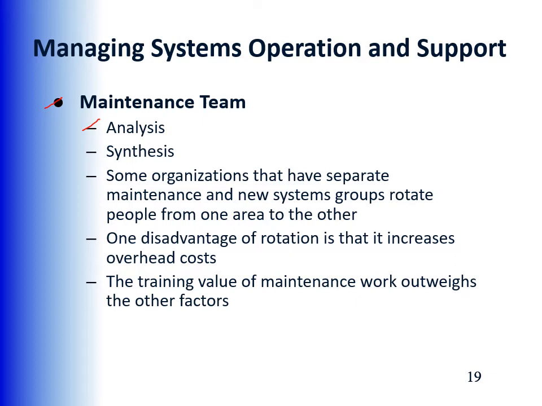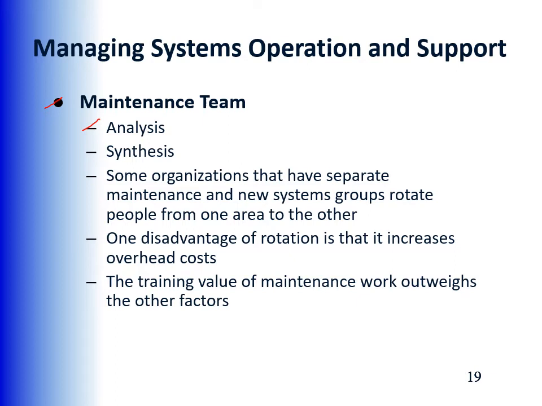Some organizations separate maintenance and new system groups, or rotate people from one area to another. One disadvantage of rotation is that it increases overhead cost. In a small organization, a programmer may handle a wide variety of tasks, but in larger firms, programming work tends to be more specialized.